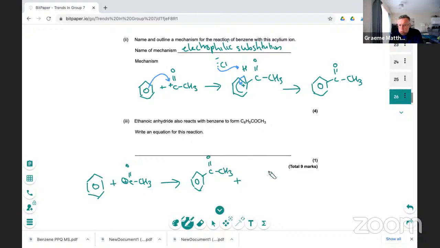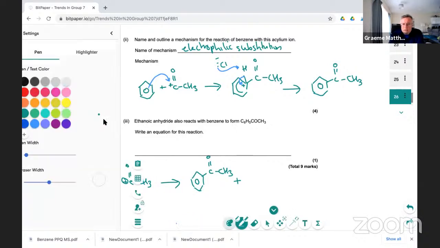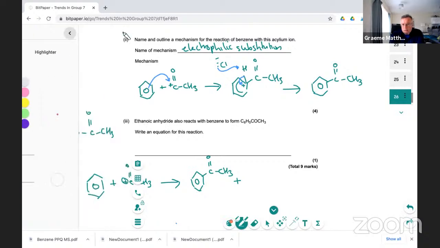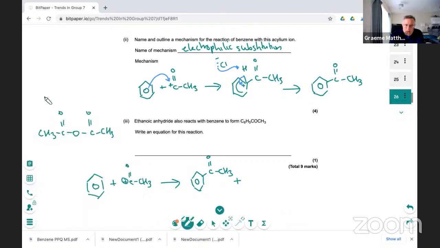Now on this one, chemists, because it's ethanoic anhydride, which is just 2 carbons, like so, because you have done, here is your acylium ion like this, right? This is this.